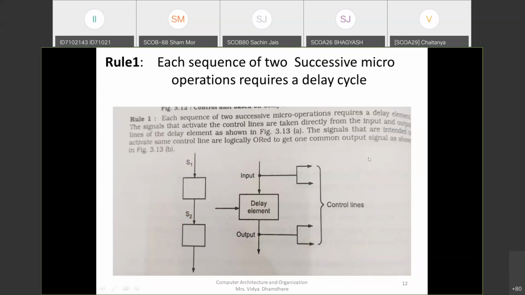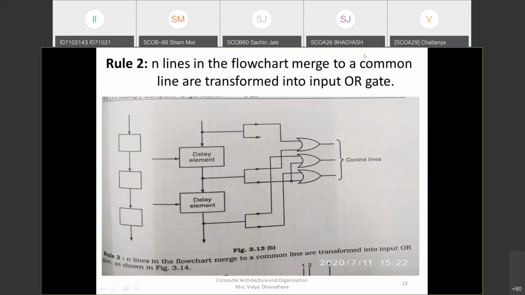Now moving to the next rule, rule number 2. It says that if you have n number of lines in a flow chart, input lines are there and we need to take a common line from there. So we need to merge those lines, and after merging, it will be given as input to the OR gate that we need to use here, which is mentioned here.